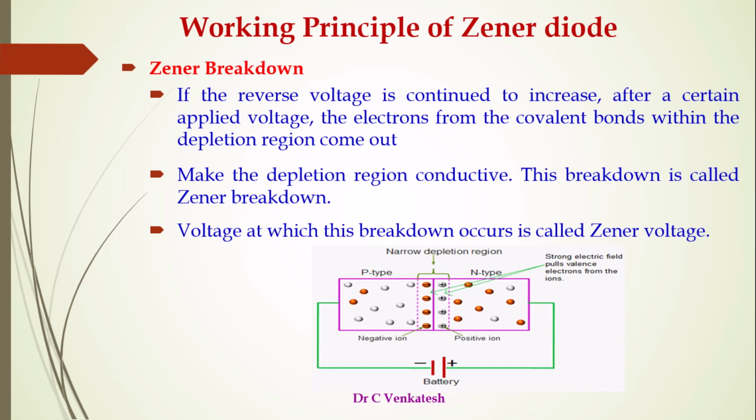So these covalent bond electrons make the depletion layer more conductive. This breakdown is called Zener breakdown. The voltage at which this breakdown occurs is called the Zener voltage.